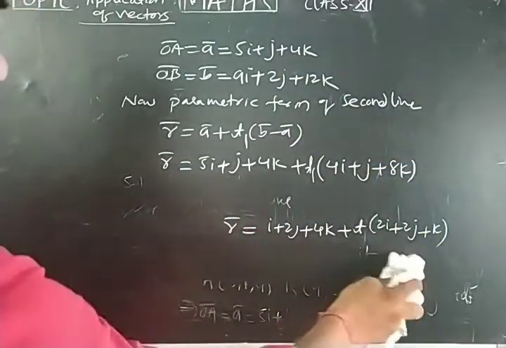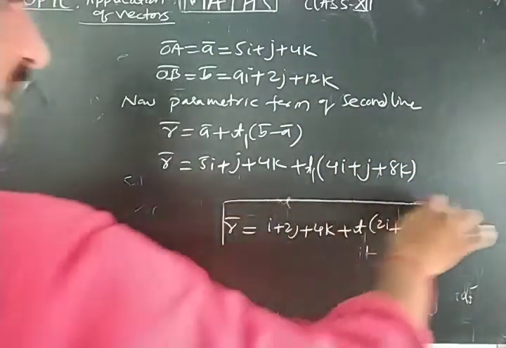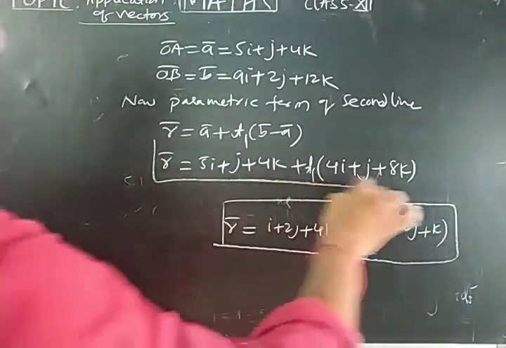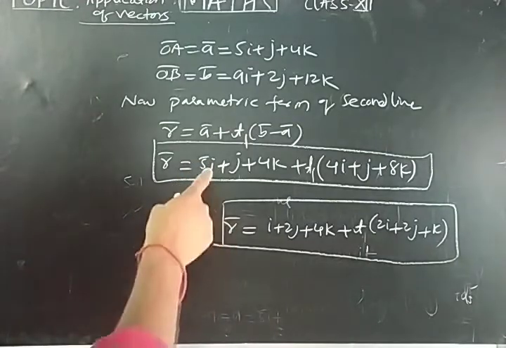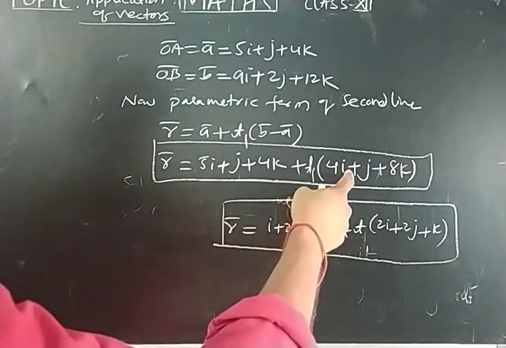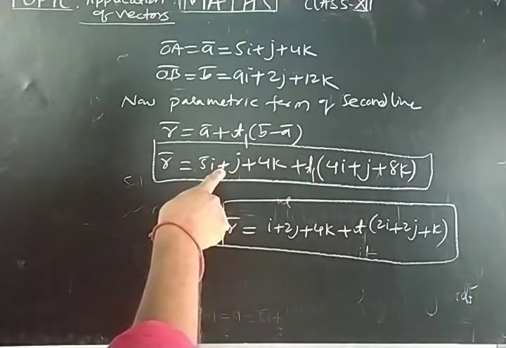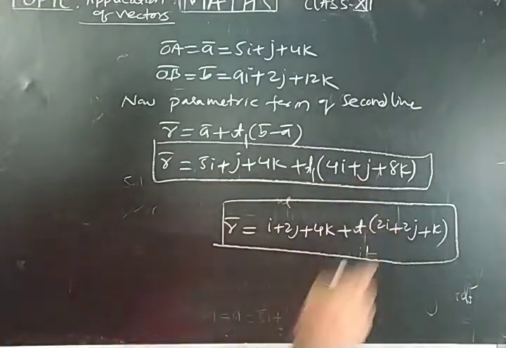Now see, this is line 1 and this is line 2. We are going to find the angle between two straight lines. The angle between these two straight lines is the same as the angle between their direction vectors.